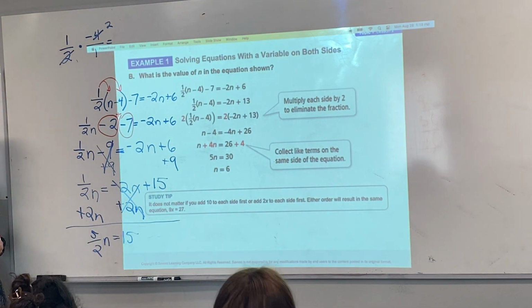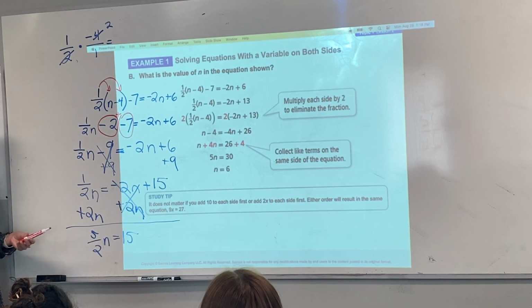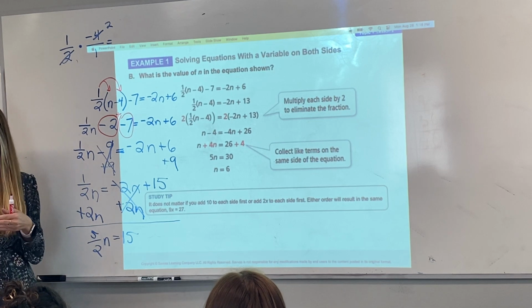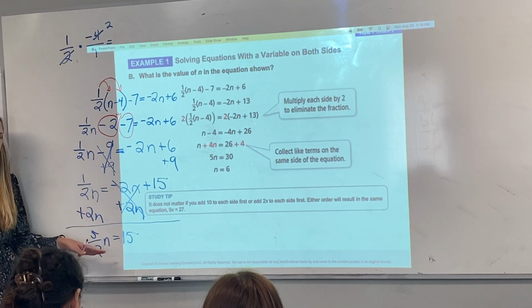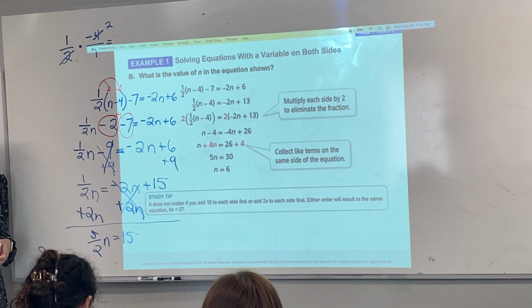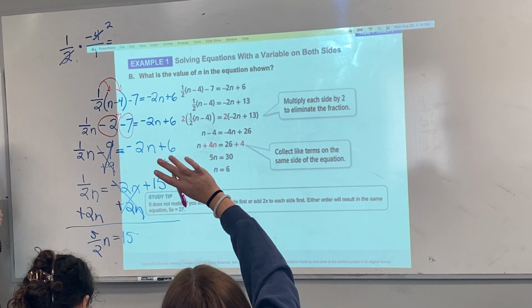Can anybody explain why that is essentially the same thing as dividing? Because n is being multiplied times 5/2. So if we use our algebra and say we have to do the opposite, we would divide this by 5/2, right? Don't we just multiply by 2? Yes, she got it, and I just want to explain to everybody why that's okay, because we only talked about it a few times.